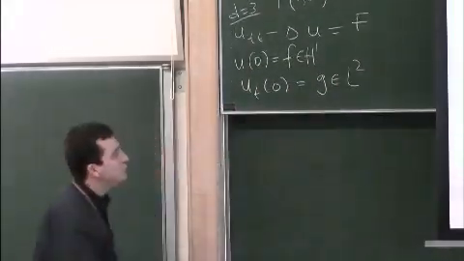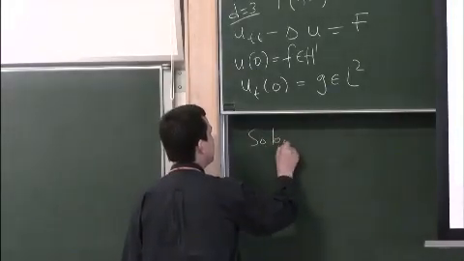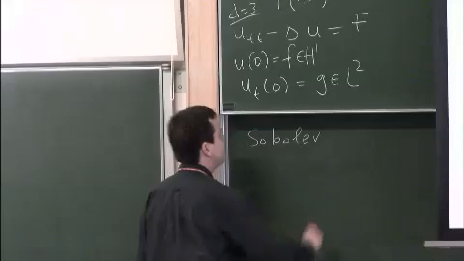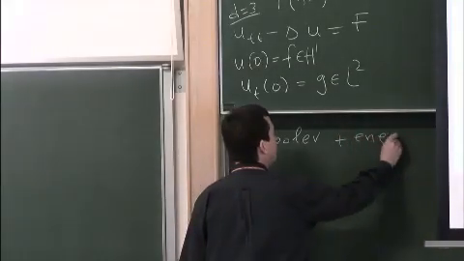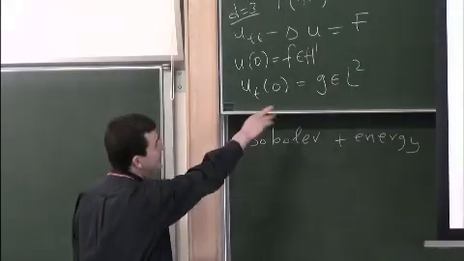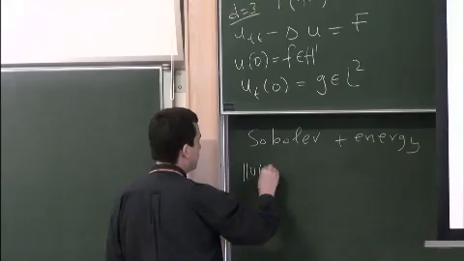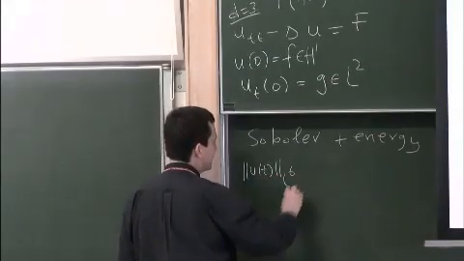So what people used to do before Strichartz is they used to use Sobolev and energy. So Sobolev tells you, for example, if you're in 3 dimensions in this class for the wave equation, it tells you this. So u in L6.